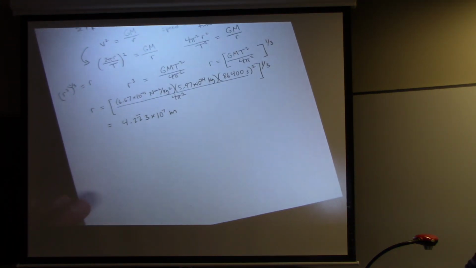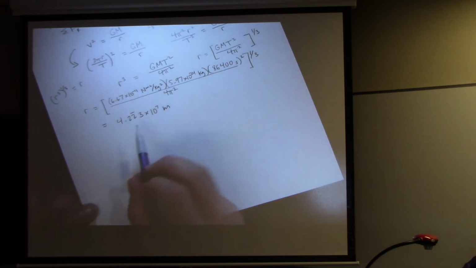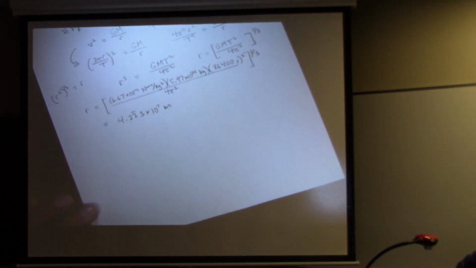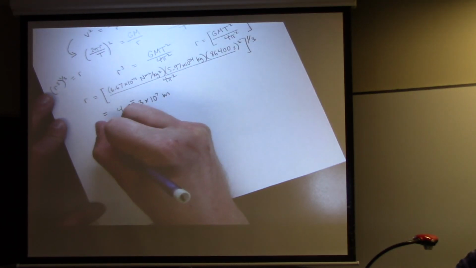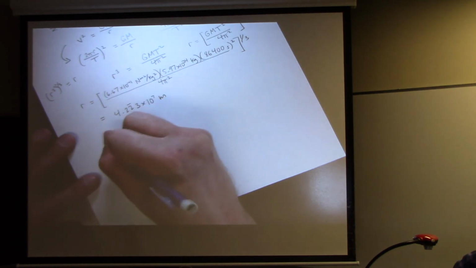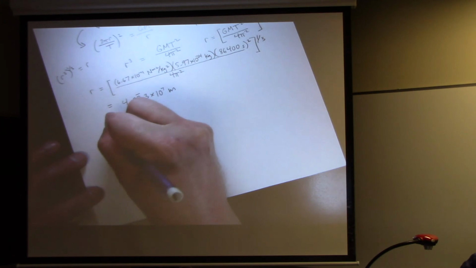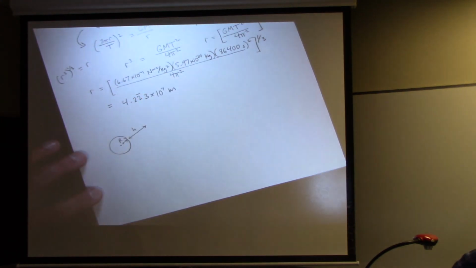Okay, so let's make some sense out of that. We haven't actually answered the question because this is not the height above the surface. This is actually the distance to the center of the Earth. So let's draw this out. The Earth is here. The radius we're going to call uppercase R. And then h is going to be the height above the surface.